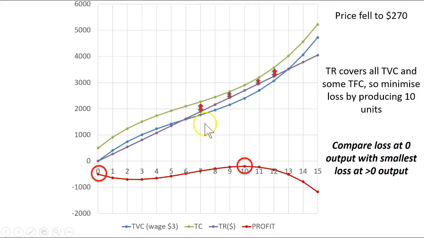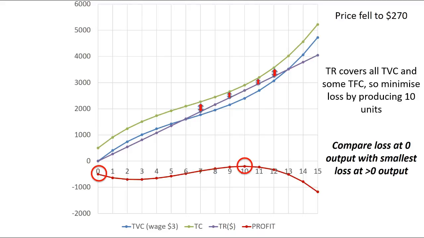So the firm's revenue covers all of the total variable cost, and it covers some of the total fixed cost as well. Right? And the gap between total cost and total revenue is smallest at the point of 10 units of output. So in this type of case, it's rational for the firm to produce 10 units of output, because at that point it minimizes its losses.